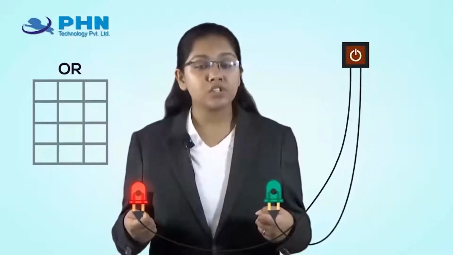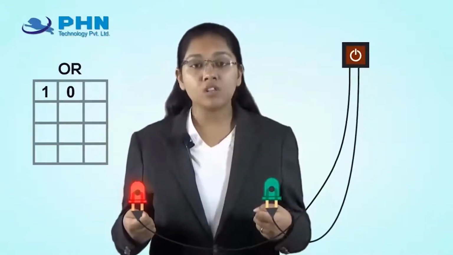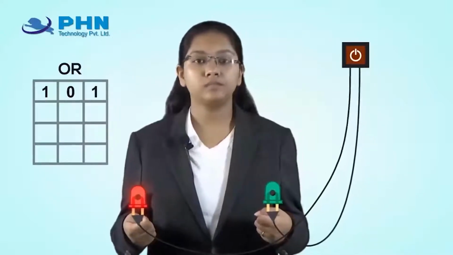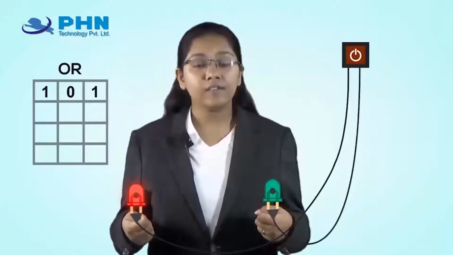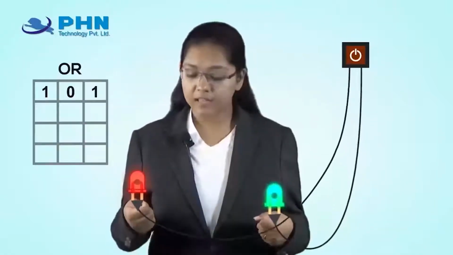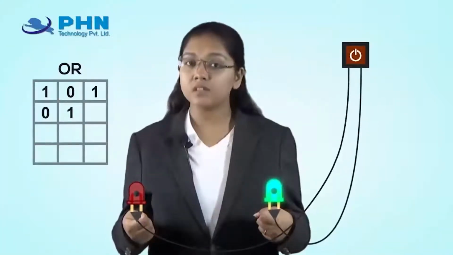That means the condition is 1 and 0. Then in the OR statement, the answer will be 1. Similarly, if I did vice versa, that means now this is on and this is off, now 0 and 1, then what happens? Again the answer is 1.